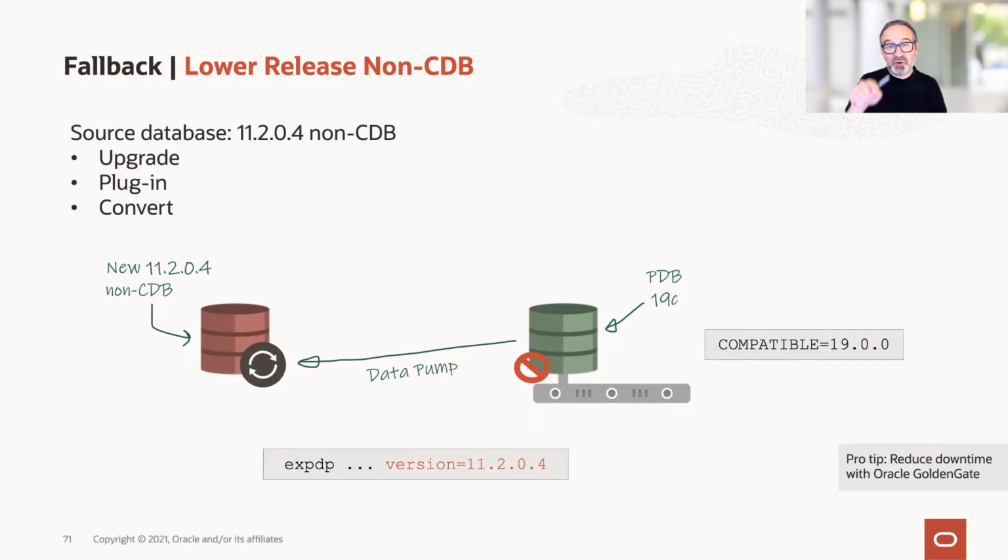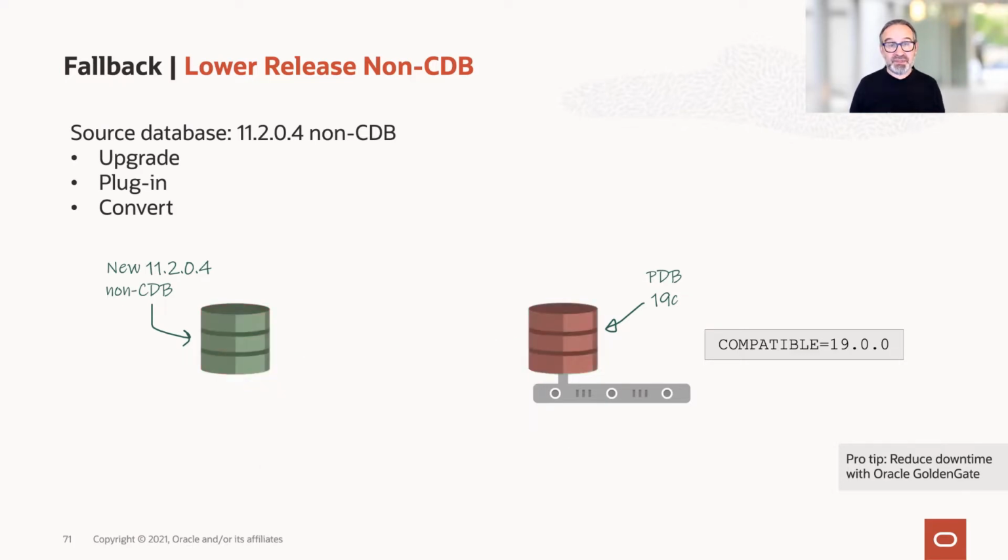So we will export from that PDB, and Data Pump will create an export dump file in the 11.2.0.4 format, so we can import it into our non-CDB. And that's it. Straightforward.